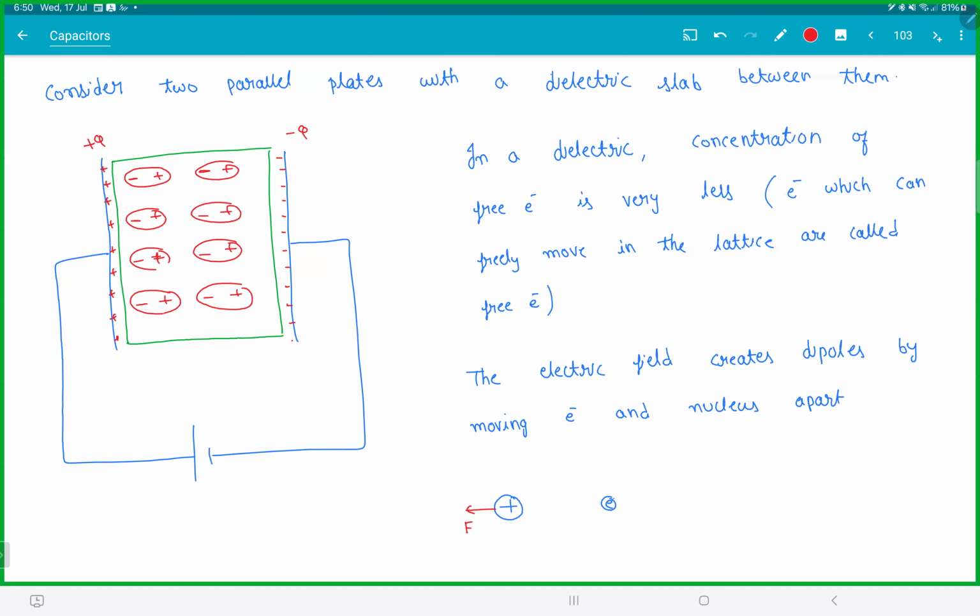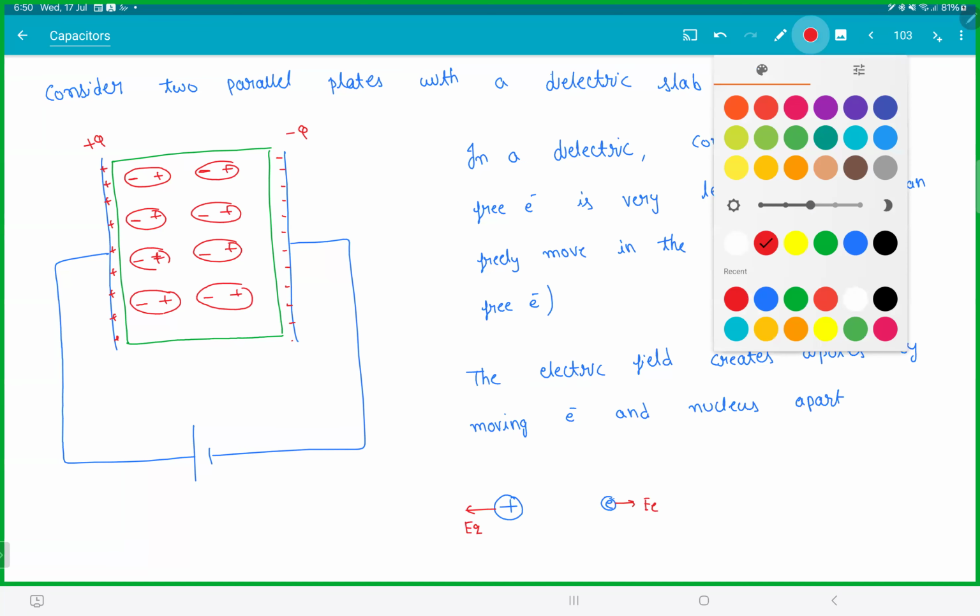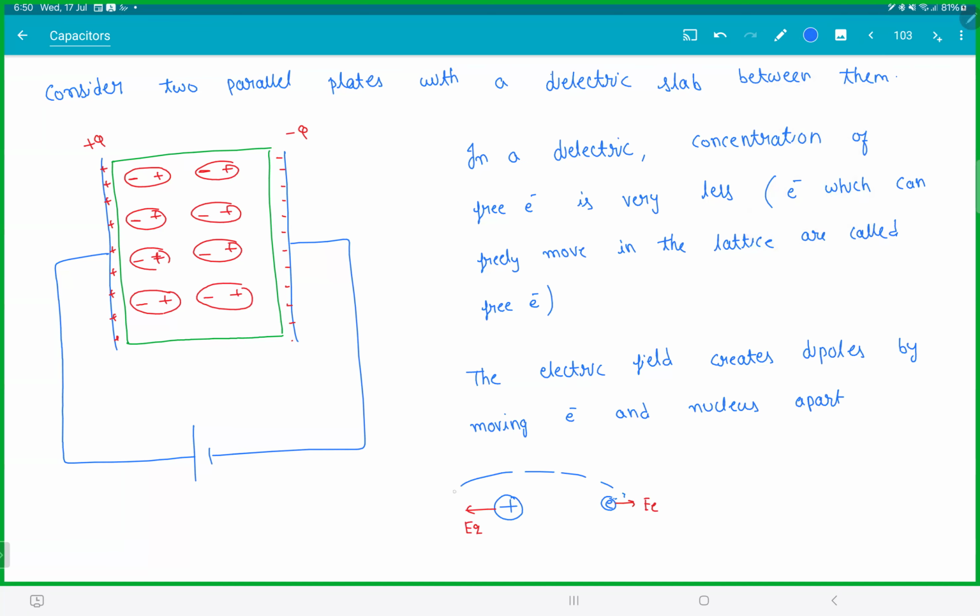So you have a force here, EQ, you have a force here, EE. So this thing will get distorted a bit. So basically the plates would create an external field and this dielectric between them will start getting dipoles. Clear? What's happening?